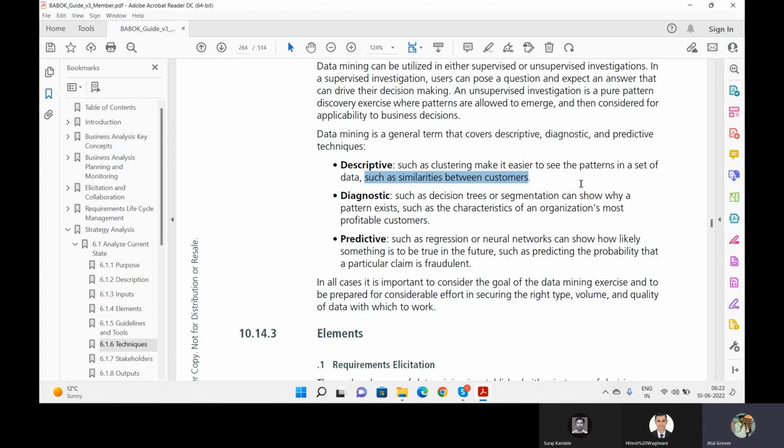Like if I put Hitesh का personal data and Suraj का personal data, name, age is one of the parameters I can say, your gender is one, your experience is one, your working style is one. So descriptive means you can easily see the pattern and see there is some similarity between these things.